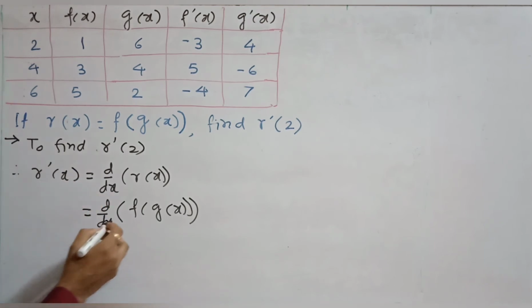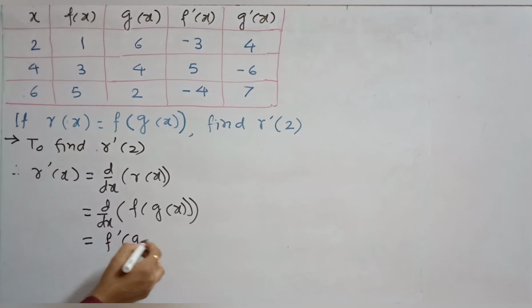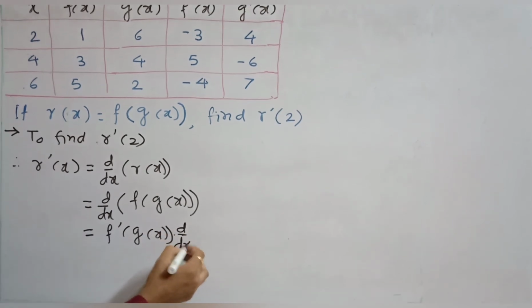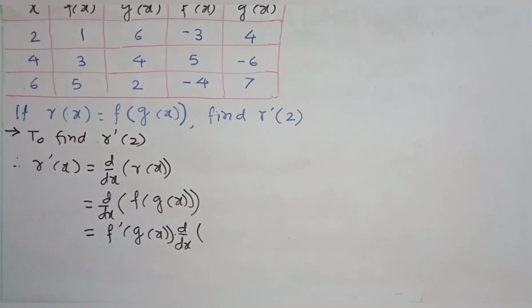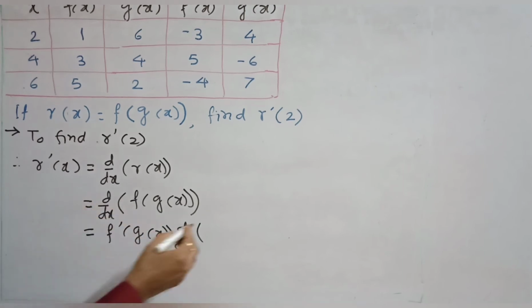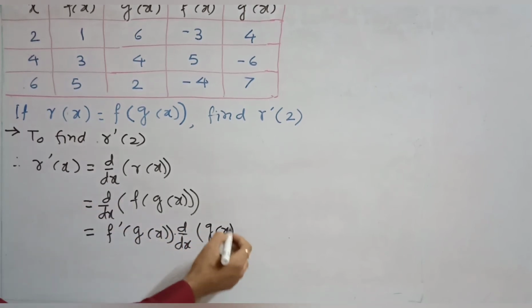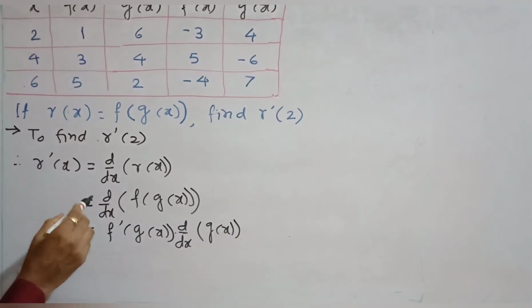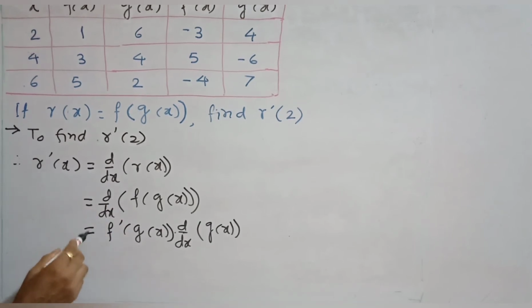Now how do you write d by dx of f of g of x? The derivative of f of g of x is f dash g of x, which we have practiced earlier, into d by dx of g of x.